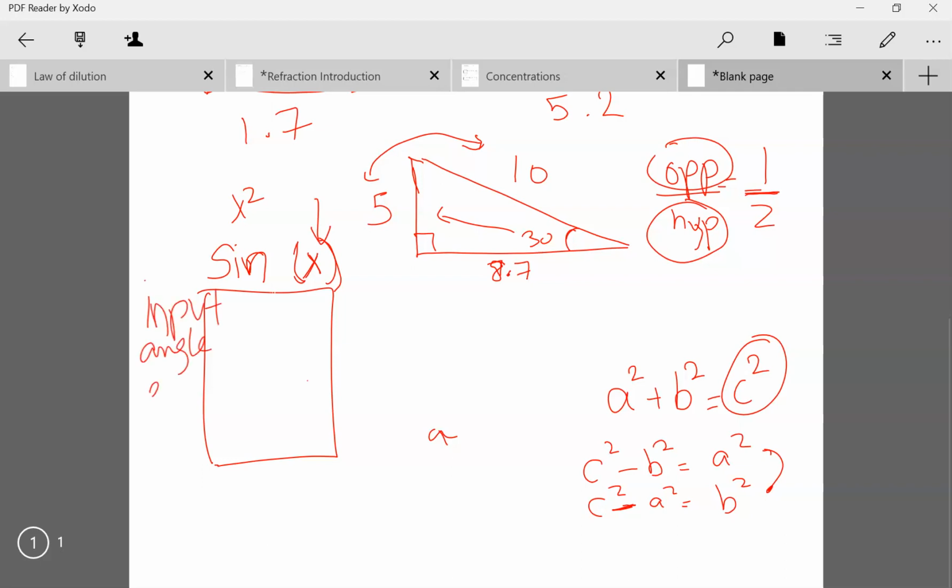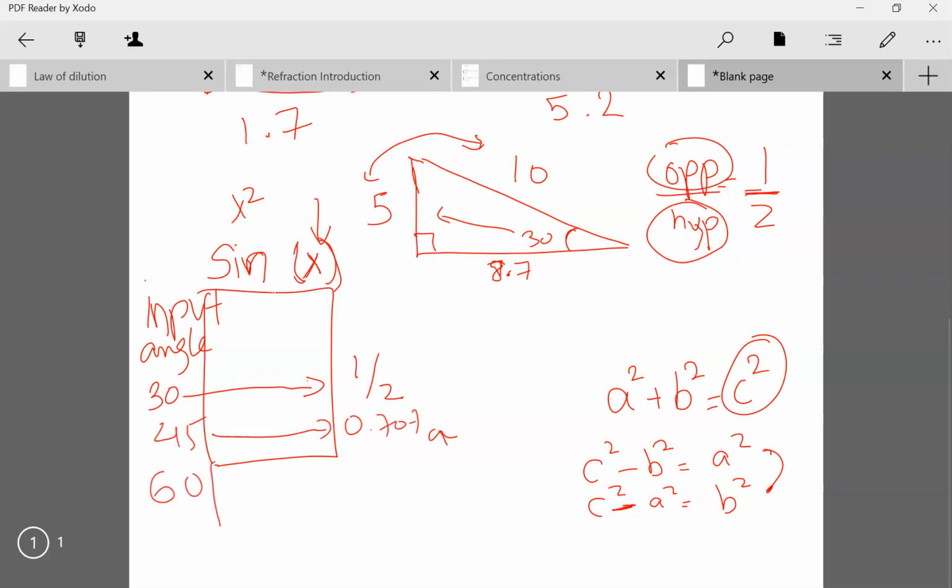So it takes in angle 30, and then the output is the ratio of the opposite to the hypotenuse sides of a triangle with an angle of 30. If it takes in 45, the output is going to be 0.707.